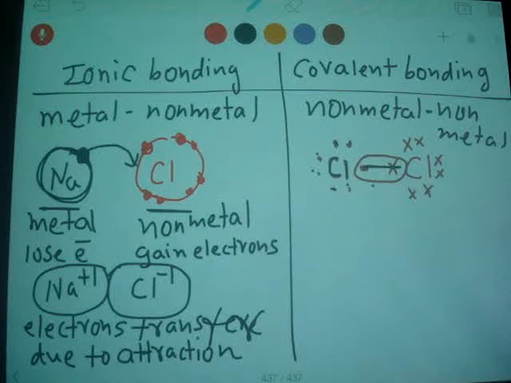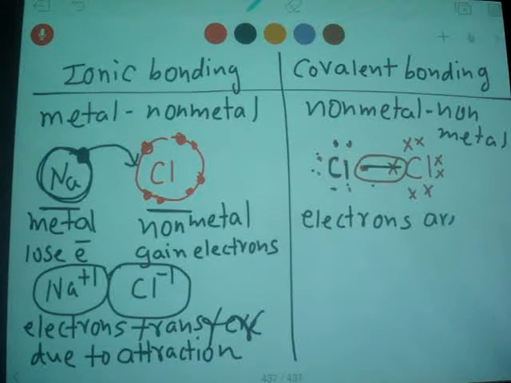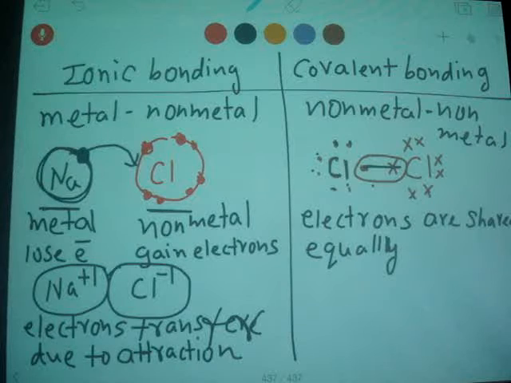So you can write: electrons are shared equally by nuclei, and that's where a covalent bond happens.